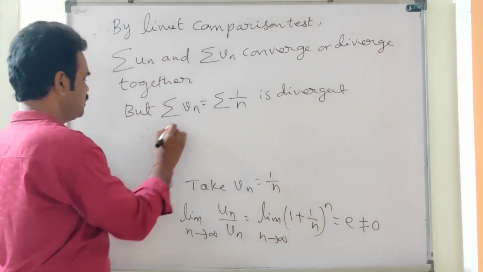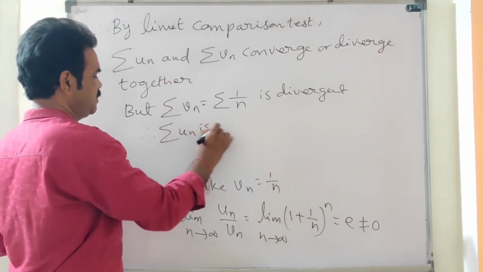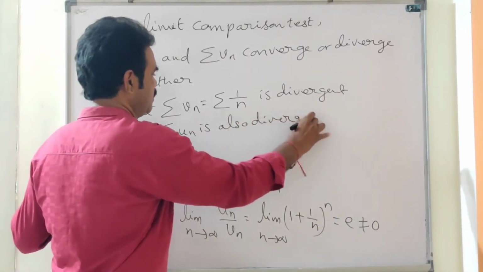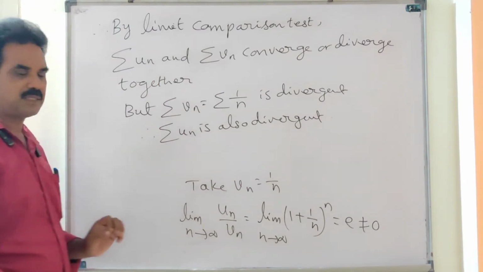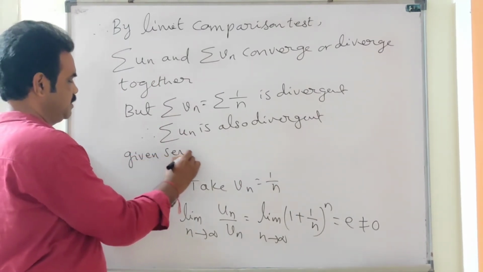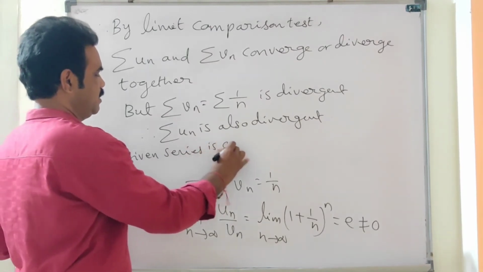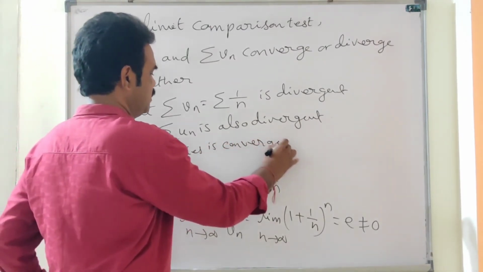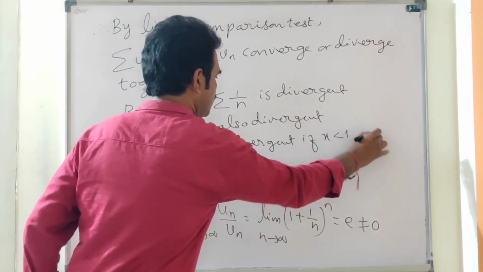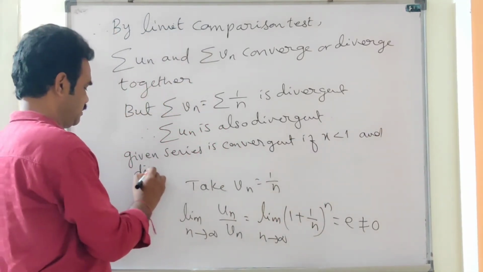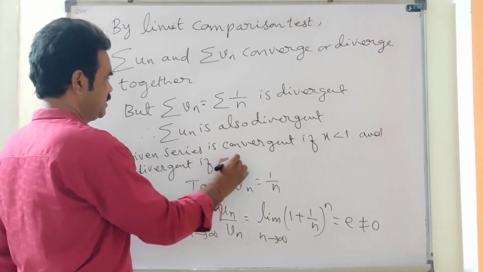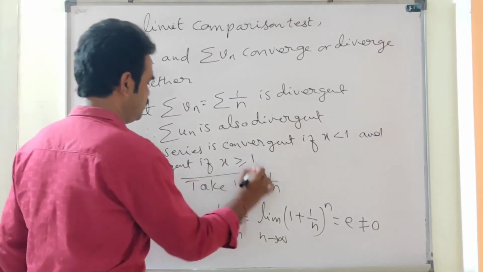Therefore, sigma un is also divergent. Hence the given series is convergent if x less than 1 and divergent if x greater than or equal to 1.